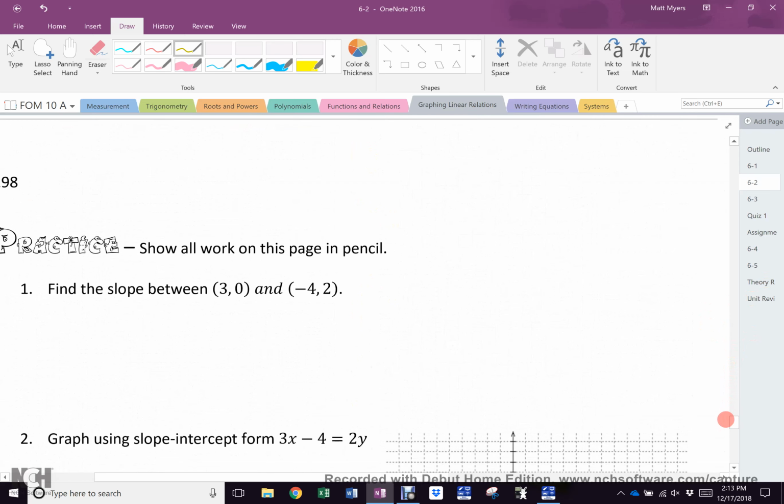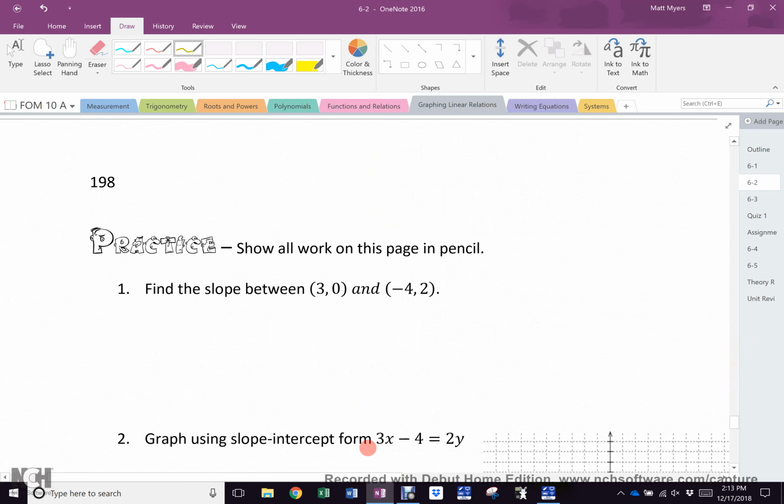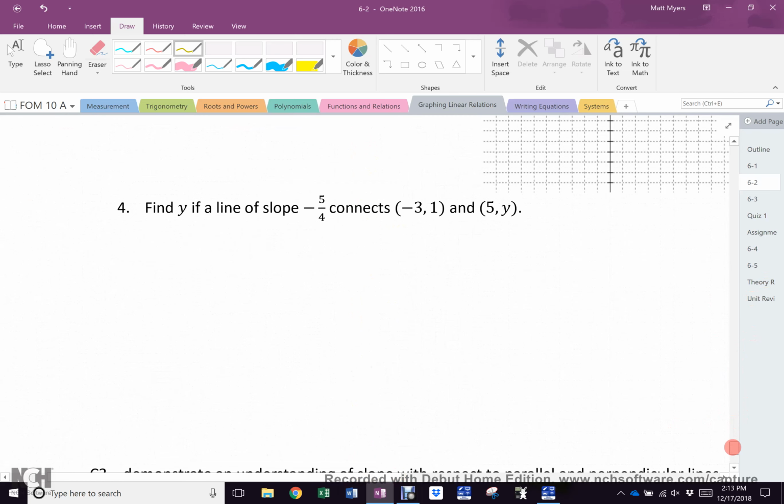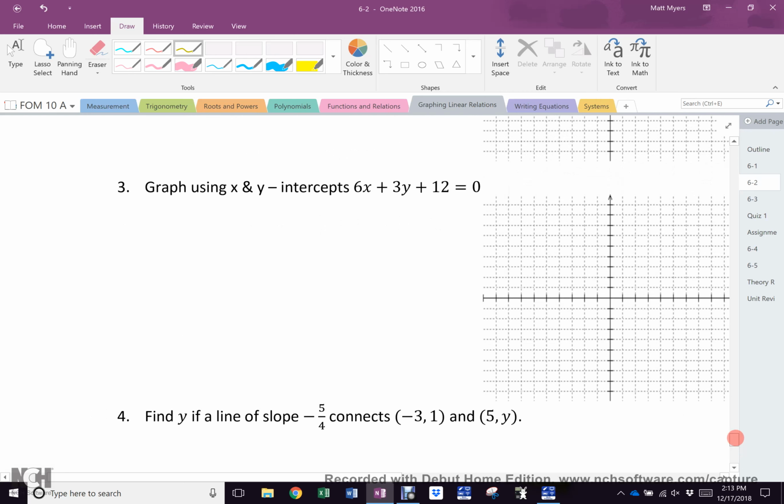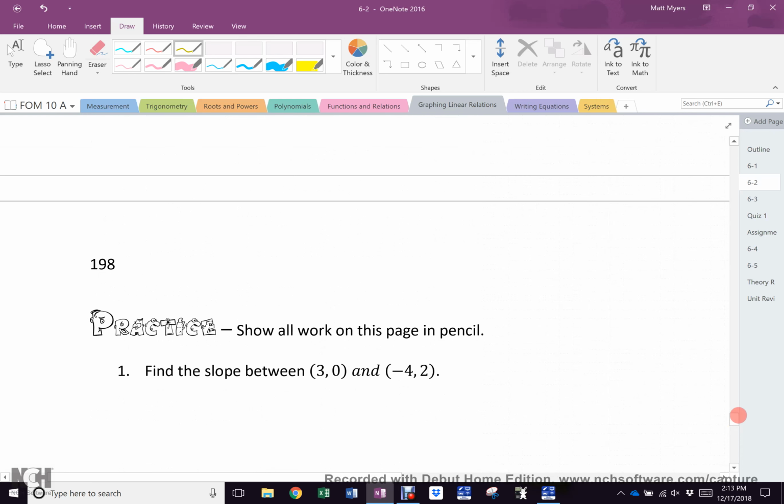On page 198, what do you see? Practice. Are there answers? No. This is what I want to see tomorrow. If you get what we're doing right now, you don't need to do 196 and 197. Go ahead and move on to 198. If you're a little dodgy, try a couple from 196 where you have the answers and make sure you're good to go.